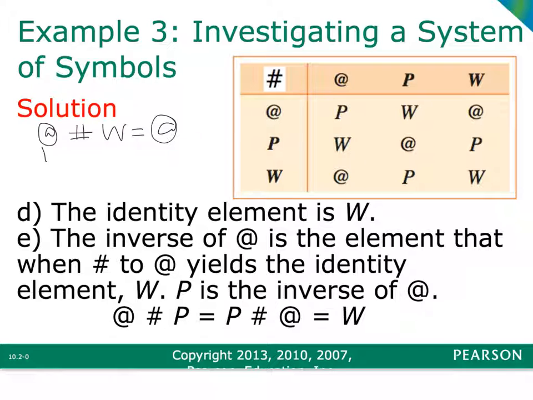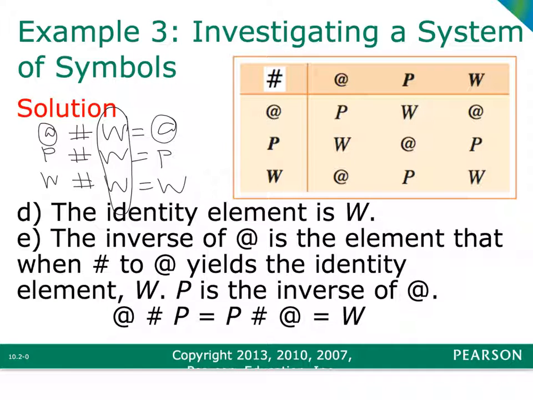And then we can also look at P. P number W gives us P. See, it gives us the same thing. And then W number W gives us the same thing we started with, which is W. So we can see that W is our identity element. Okay, so that's how we find our identity element.